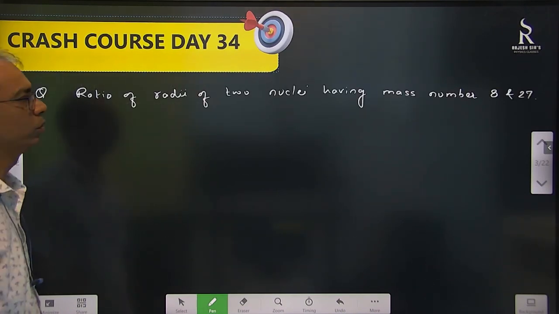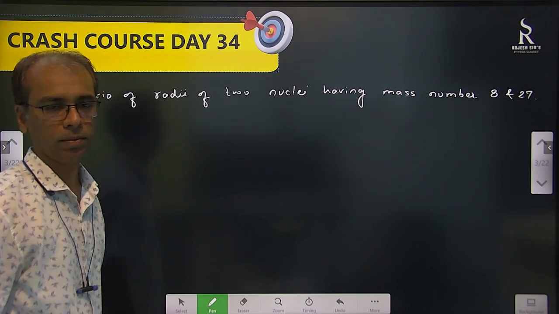The ratio of radii of two nuclei having mass numbers 8 and 27.